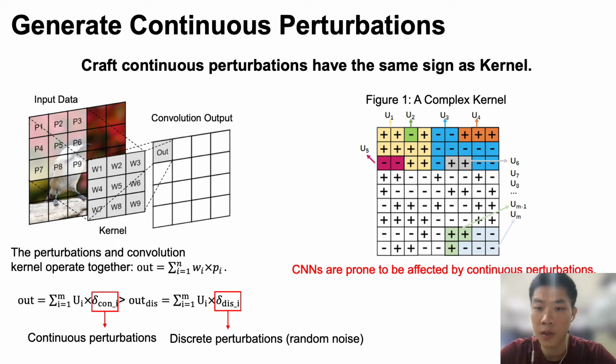We utilize the CNN weakness to effectively explore CNN defects. However, in black box settings, it's impossible to perfectly match the unknown kernel to generate continuous perturbations. But still, we can approximately match convolution kernels which can still be effective to perform black box testing.